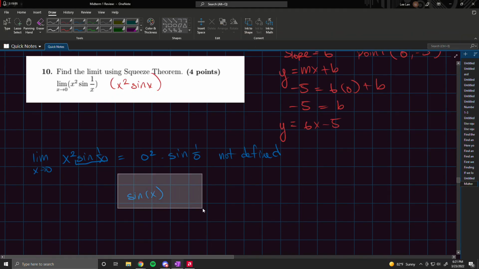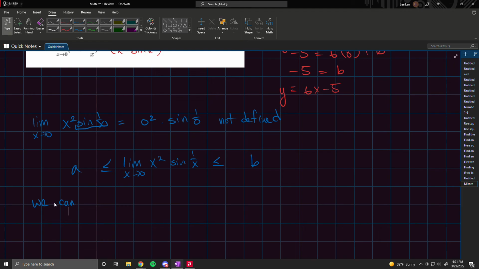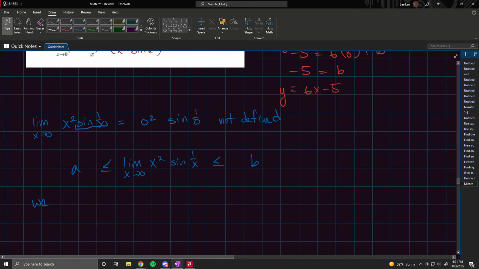Well, the idea with squeeze theorem is that we have the thing we're interested in, and we want to squeeze it in between two other things, A and B, where we can find the limit of each relatively easily.